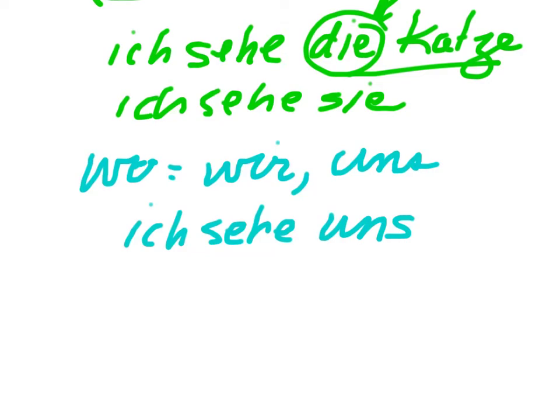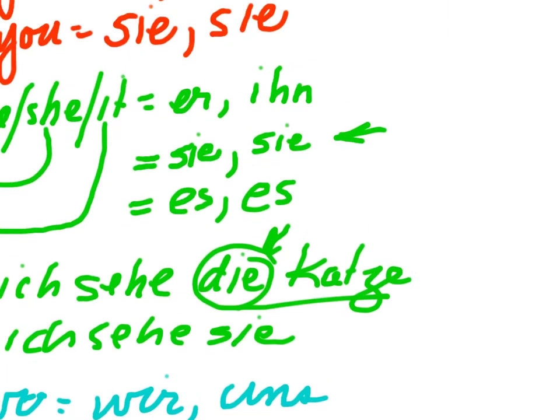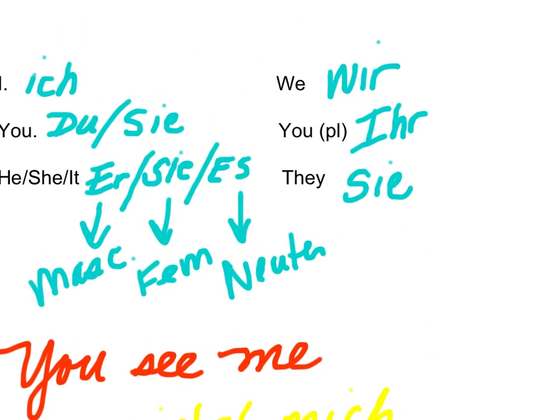And that is something I did not add up here. Let me make a note. Let's go up here for a second. So I have ihr here, but I can also have the formal Sie.